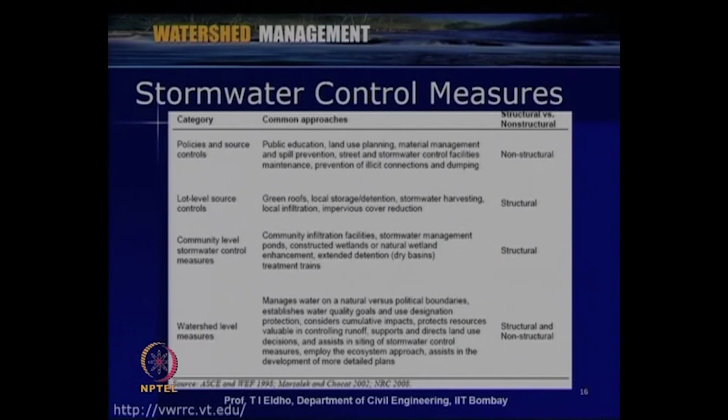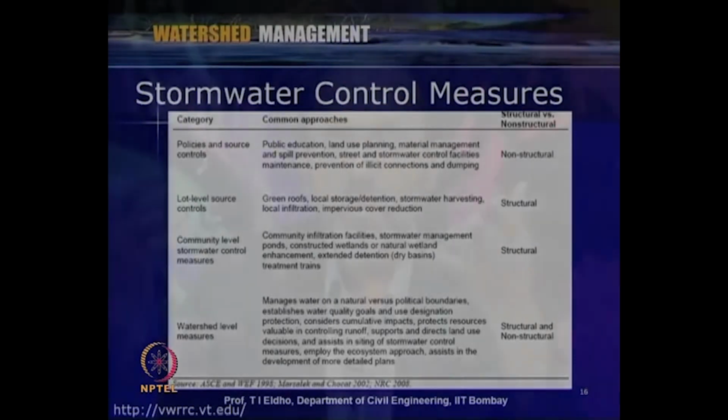So, various norms, various approaches are possible. According to our set goals and specified principles, and compliance with the regulations, we can choose an appropriate approach for that location or for that watershed, like structural measures or non-structural measures, and then we can go for the stormwater management.